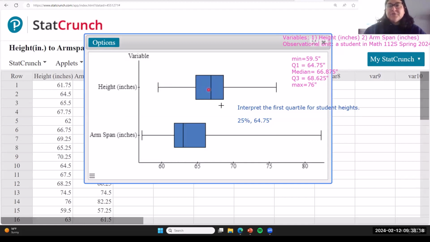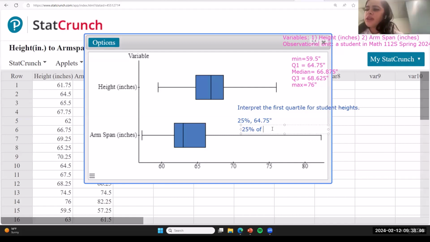So if we want to interpret the first quartile, we know that 25% of what? 25% of our observational unit. What was our observational unit? Go back up, look at our observational unit.